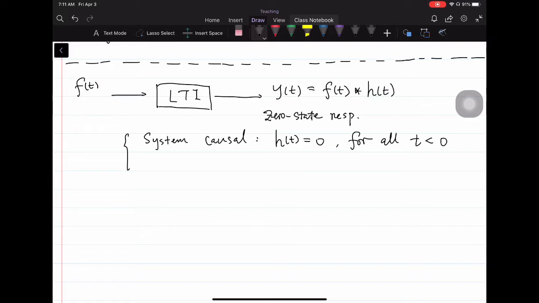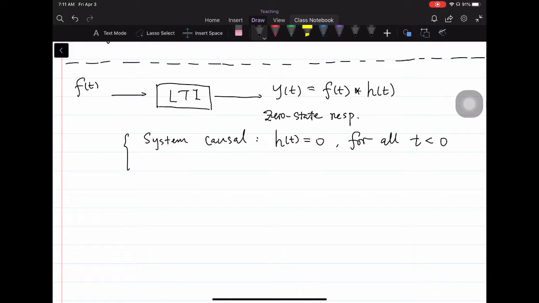Because the unit impulse response is the zero state response when the input is the delta function, which only appears at time t equal to 0. So if the system is causal, it shouldn't respond until after this delta applies.